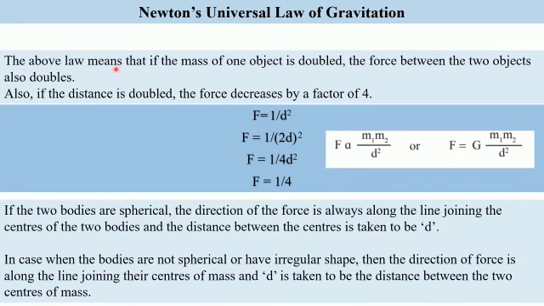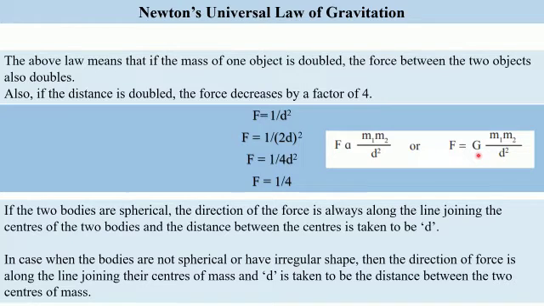The above law means that if the mass of one object is doubled, the force between the two objects also doubles. Also, if the distance is doubled, the force decreases by a factor of 4. Now, from this equation we have come to know that the force of attraction between the two objects is directly proportional to the product of the masses, and inversely proportional to the square of the distance between them.